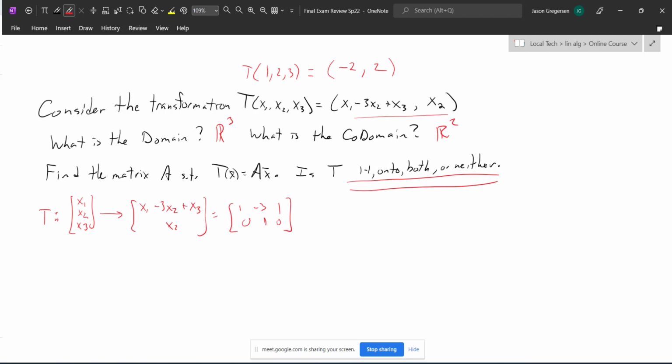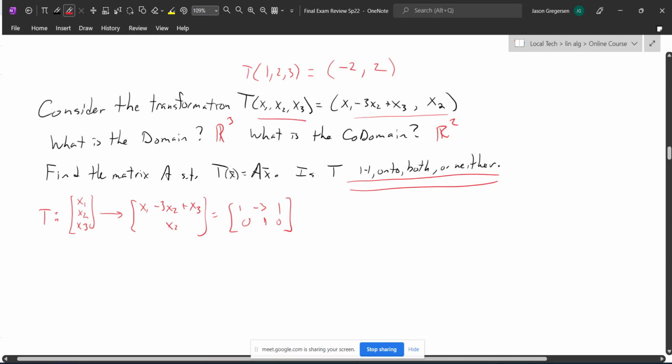So to get a sense for what the matrix is, I like to rewrite my transformation in terms of vectors. My input is a list of 3 numbers, x1, x2, x3. That's essentially a vector. So I'm thinking of my transformation as taking this vector input and mapping to this vector output. And when I write my output vertically, I can think about the matrix that has columns representing these variables and just extract my matrix over here. So it looks like my matrix is 1, -3, 1, 0, 1, 0.